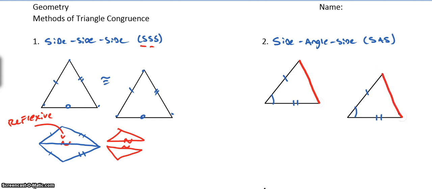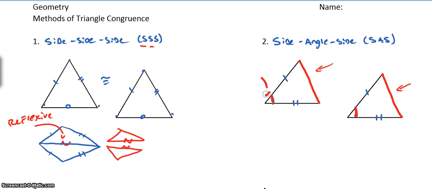And if that's the case, the triangles are going to turn out to be exactly congruent. And think about this. This is the same length as this, and this is the same length as this. And if you put the 2 pieces together, this opening has to match exactly this opening. So there's only one piece that can fall directly into place. So that's why side, angle, side preserves congruency.